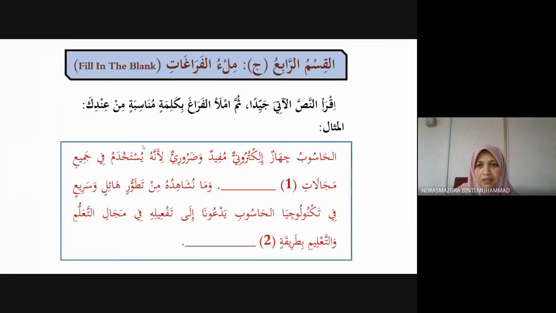Part 4 also, Jim. Fill in the blanks. For this one, you have to read the text and fill in the text using your own words. مثلا هنا الحاسوب جهاز إلكتروني مفيد وضروري لأنه يستخدم في جميع مجالات الحياة.